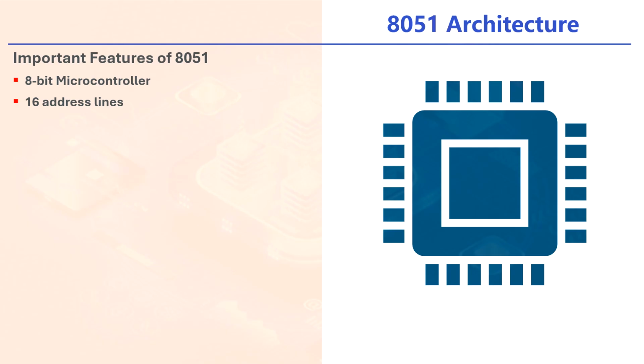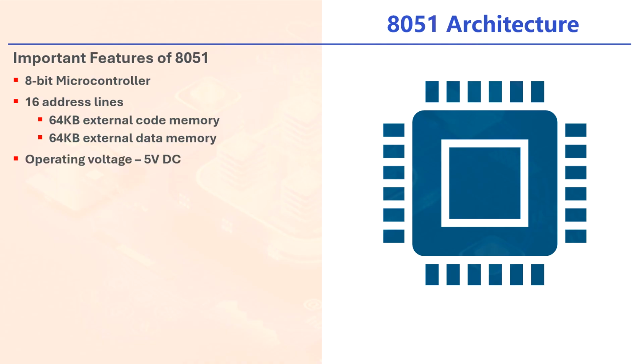It is having 16 address lines. As we know, the memory capability of every processor depends on its address lines. But the 8051 microcontroller follows Harvard architecture. Hence, it is able to address 64 KB of external code memory, 64 KB of data memory.